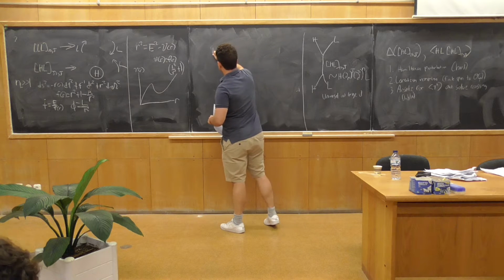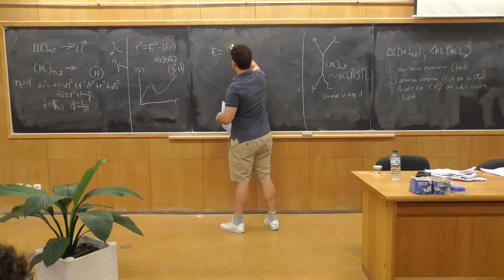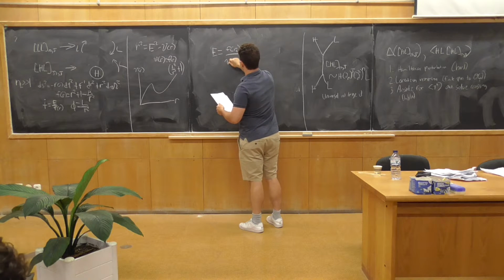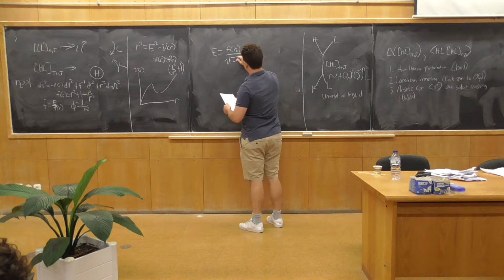And what you get is as follows. These are the energy and the angular momentum as a function of the radius.